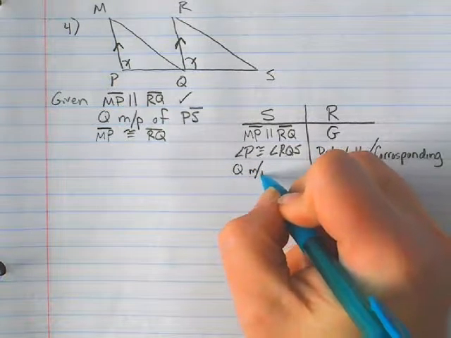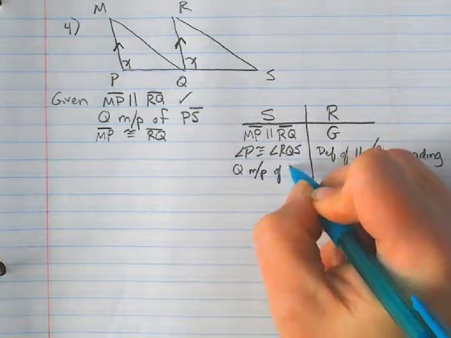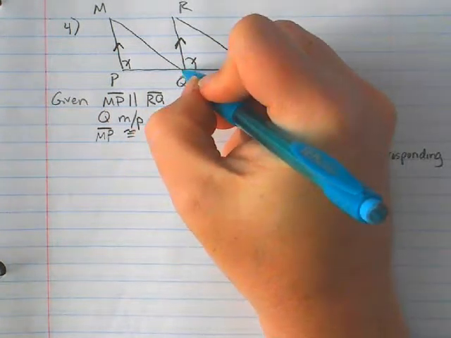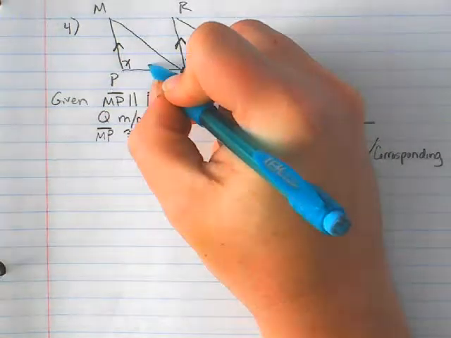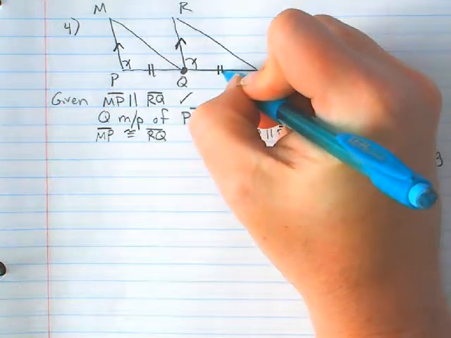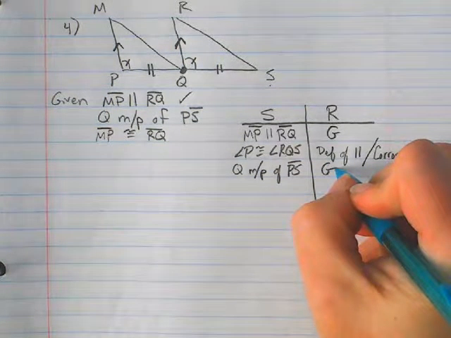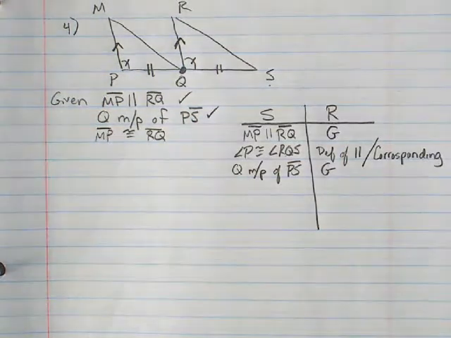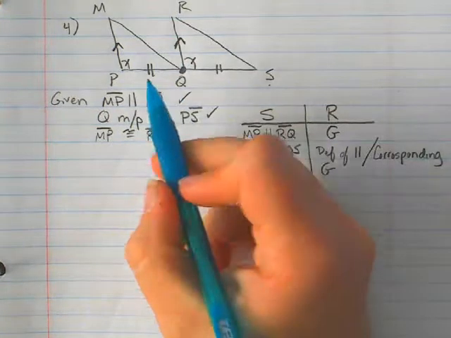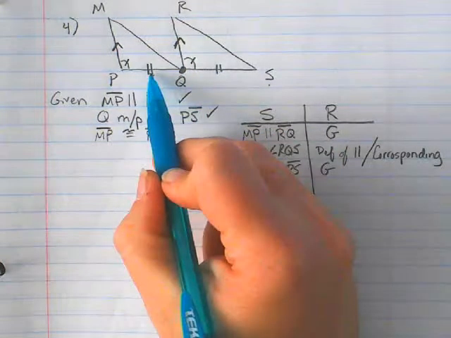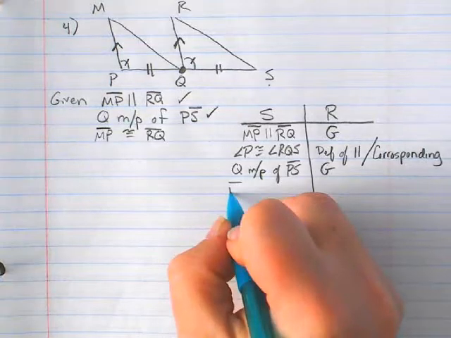Q is the midpoint of PS. Given. Check it. Now my next statement, I made those marks, now I have to make a statement about it.